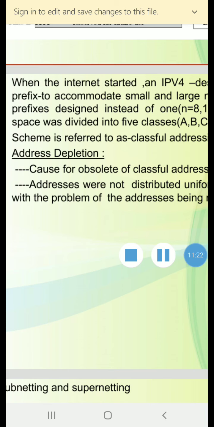Class A can be assigned to only 128 organizations in the world, but each organization would need to have a single network with 16 lakh, 1,67,77,216 nodes. So most of the addresses in this class were wasted, unused, as only a few organizations are this large.